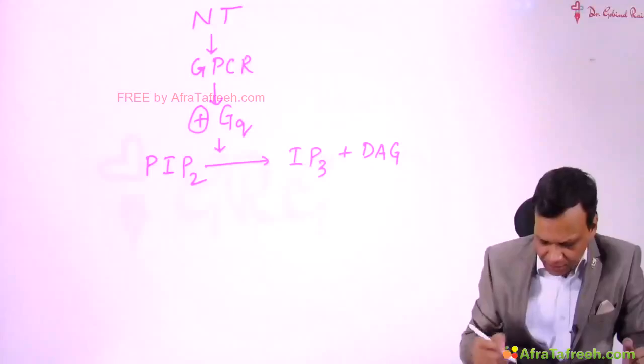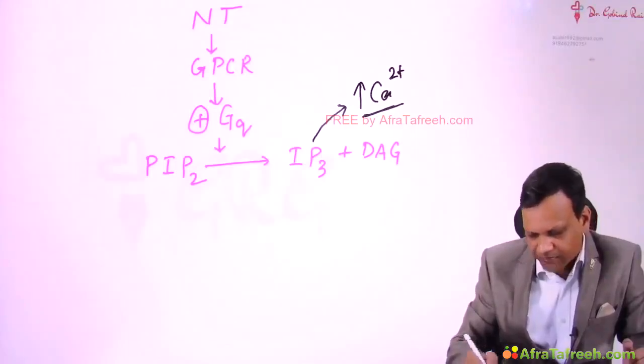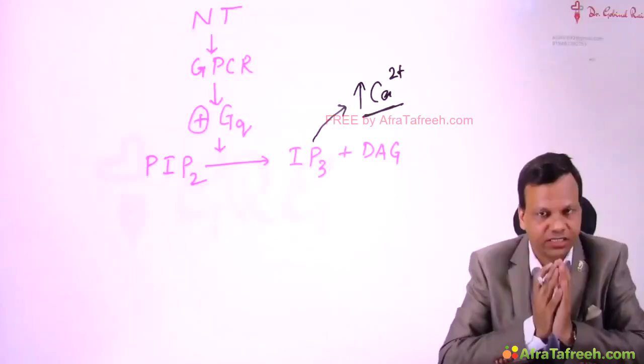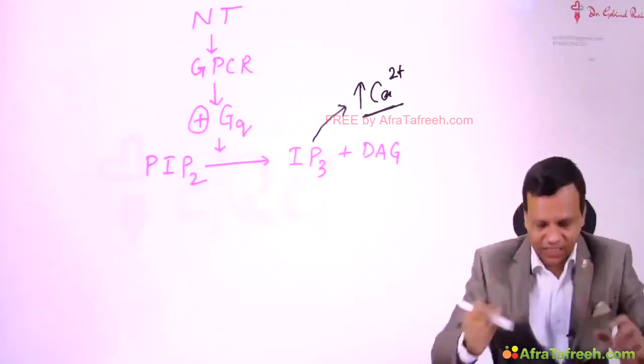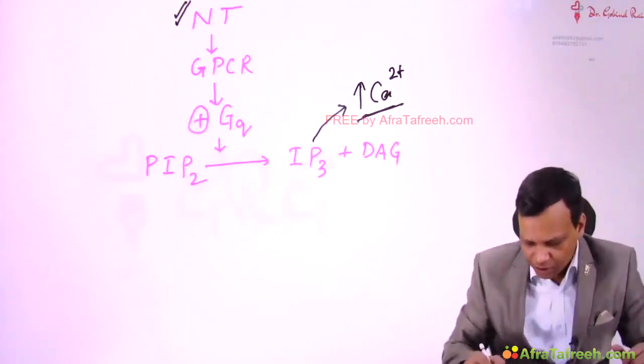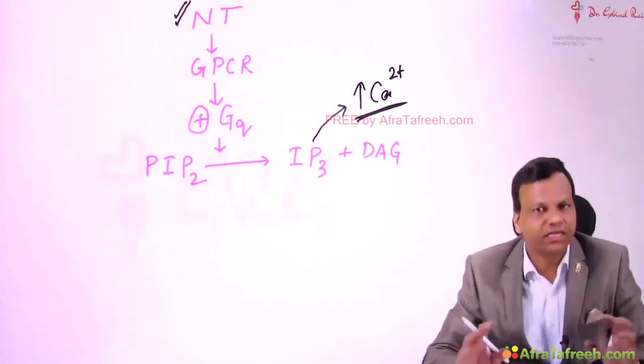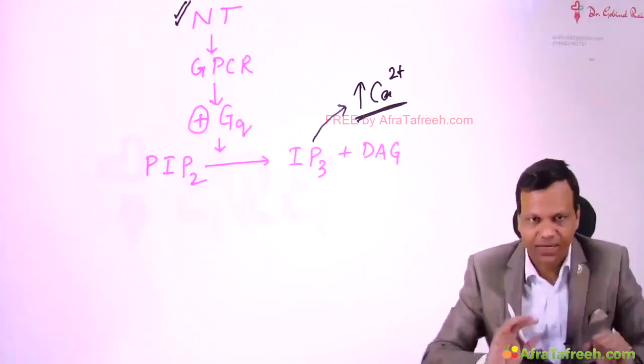And this IP3 is required for increasing the calcium. And when calcium increases, the action occurs. The problem in mania is this neurotransmitter is working more than required and a lot of calcium is getting produced, and that will cause overactivity in the brain. Okay? So this has happened.